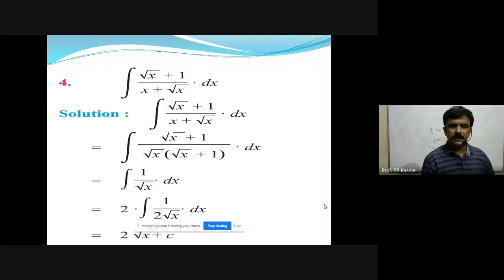Before explaining this, some students were asking me, sir, we don't really understand exactly which formula is applicable to find the derivative or integration of the function. We don't get the clue easily. But if you solve several examples, if you practice more examples at home, you will easily understand exactly which method is applicable, exactly which formula is applicable over here.